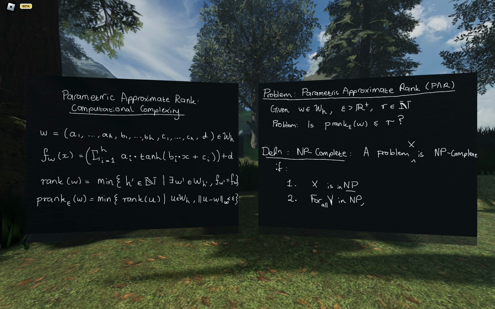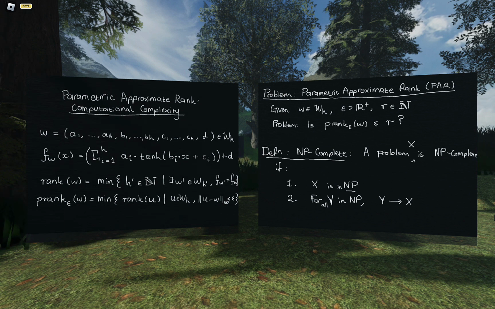All of the problems in NP have to reduce to the problem that you're trying to prove. And I'm going to write that like this. Another way of thinking about it is, well, I'll get to the definition, but basically it means that if we have an instance of problem Y and we have an algorithm for solving problem X, we can basically use that algorithm to solve the instance of problem Y. And in that way, the algorithm for problem X must be kind of doing the hard part of problem Y as well.